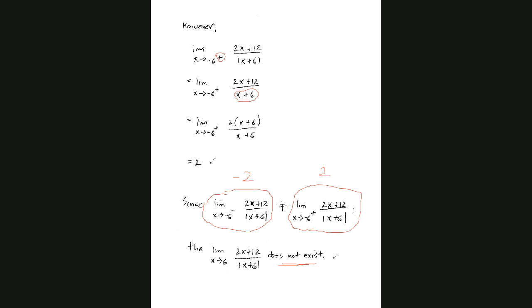And the book has an example 9 that deals with something called the greatest integer function. You'll need to look at that for maybe 1 or 2 of your problems from section 2.3. The greatest integer function is discussed in example 9.